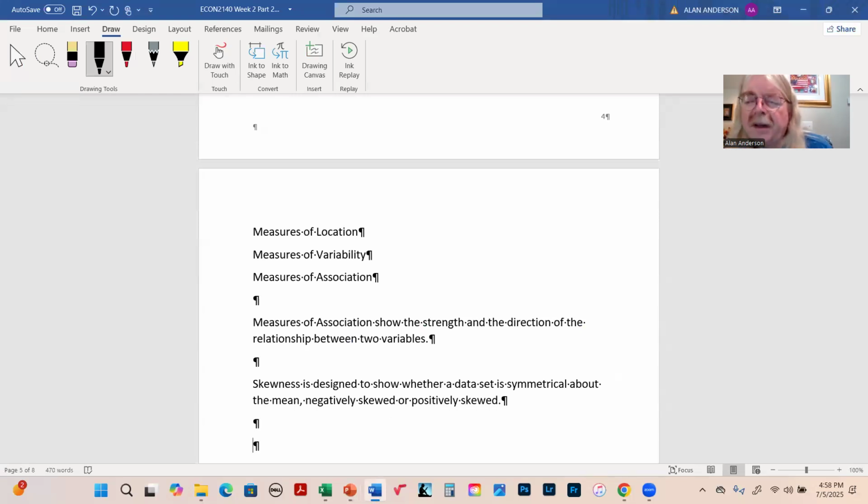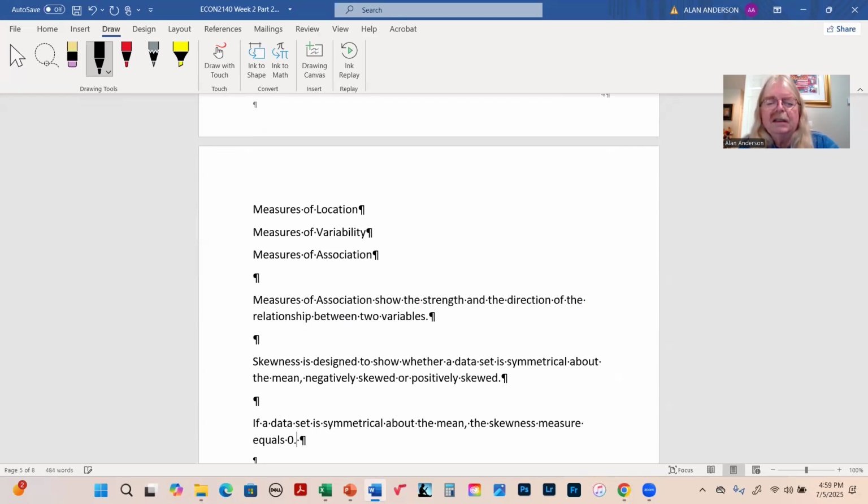So the measure is designed to make it easy to interpret. If a data set is symmetrical about the mean, the skewness measure equals zero. It's so simple.